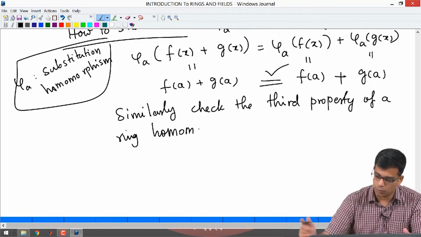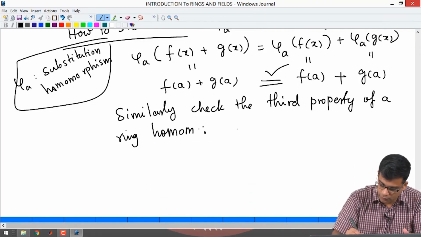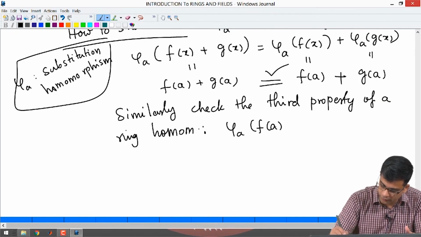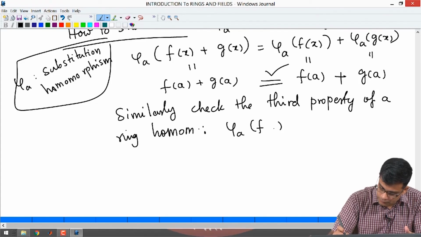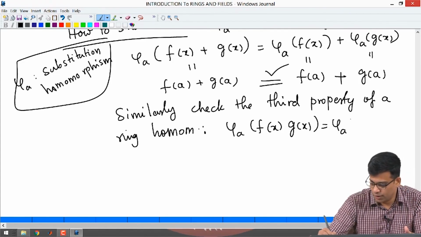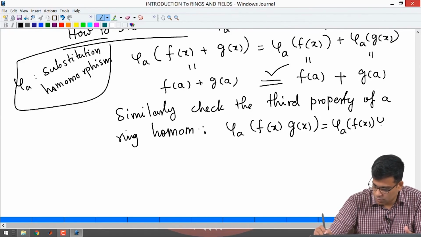So, this is a ring homomorphism. I will leave the last check for you. Phi a of f(x) times g(x) is phi a of f(x) times phi a of g(x).